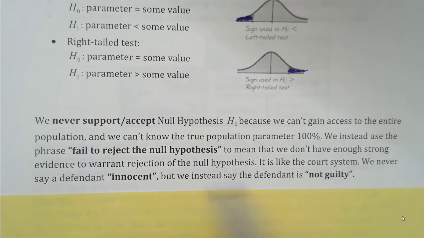We never say a defendant is innocent, but we instead say the defendant is not guilty. It's similar in this case, right? We never say you are innocent, but you are not guilty because we don't have enough information to say that you are guilty. But we are not 100% sure if you are innocent or not.